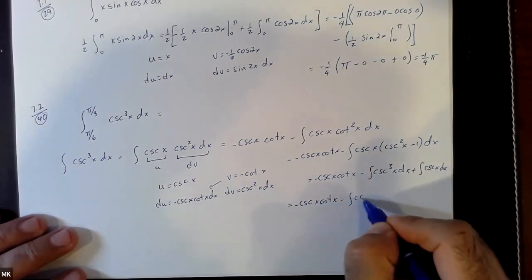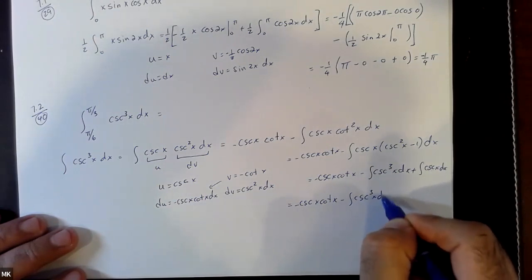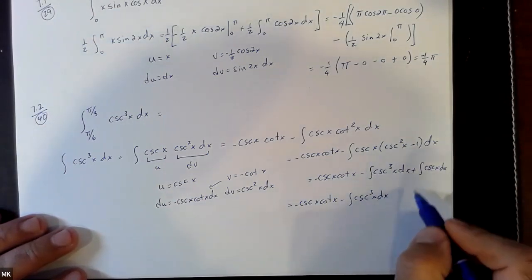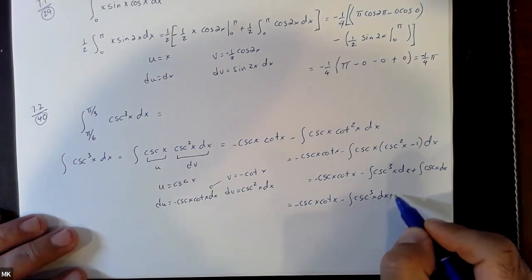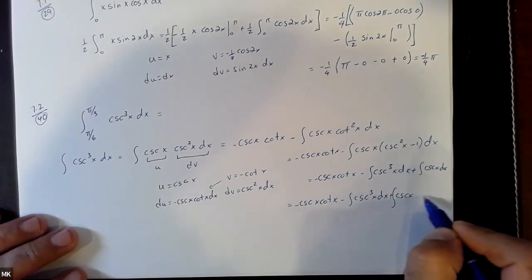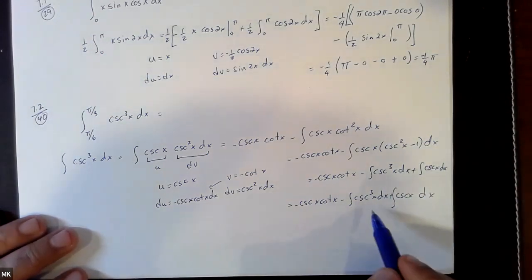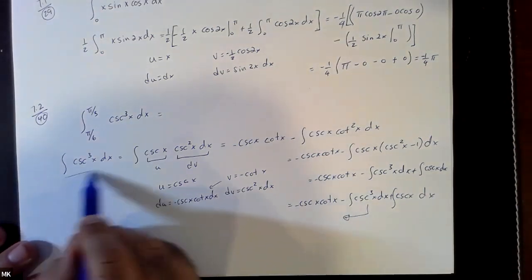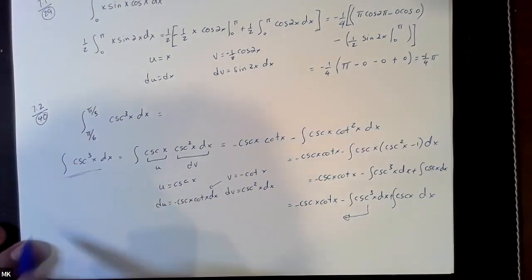This is obviously what we're looking for, right? So this is going to go to the other side and combine with the original cosecant cube.